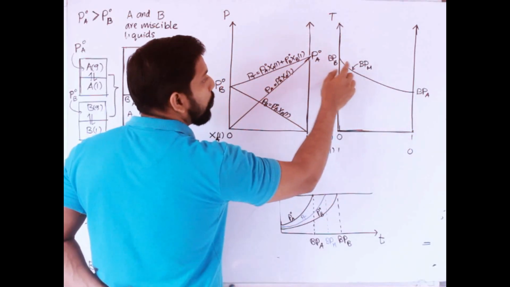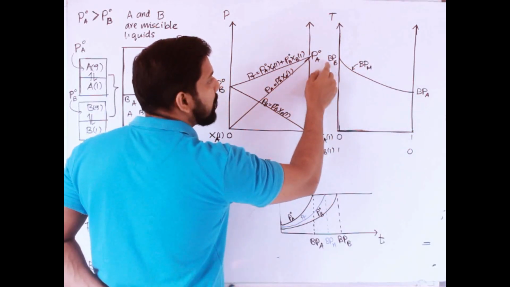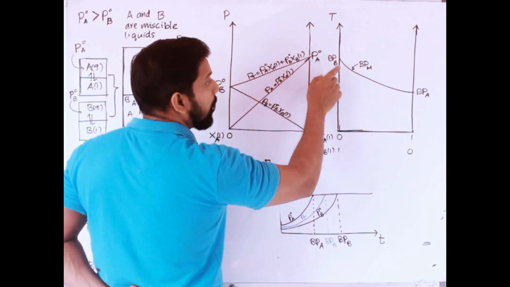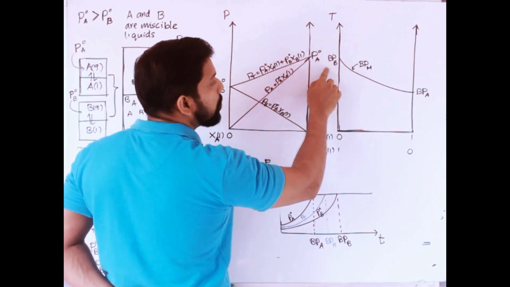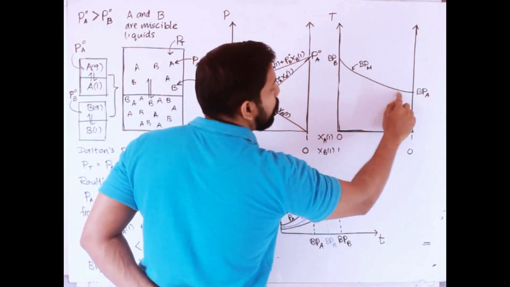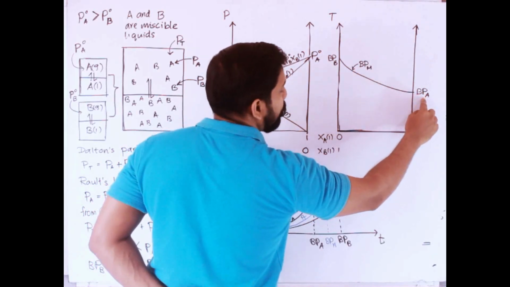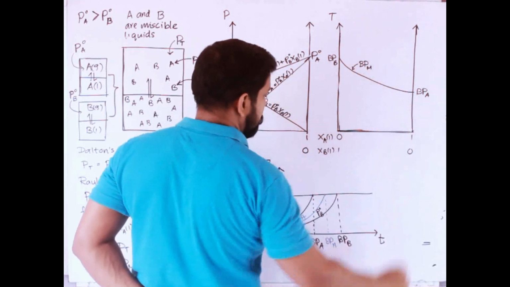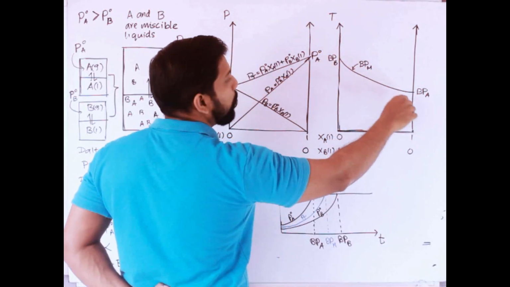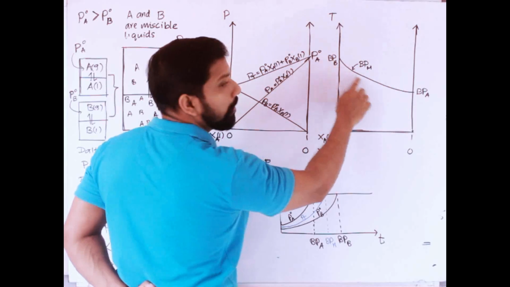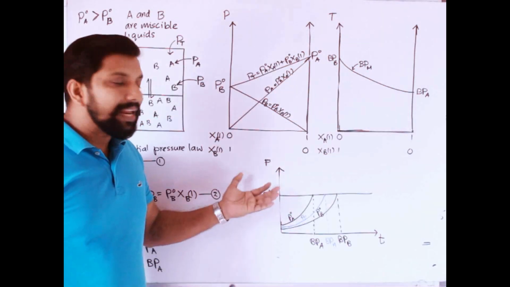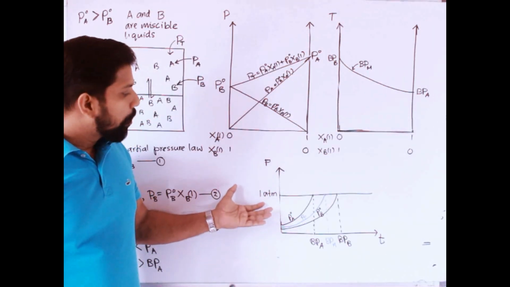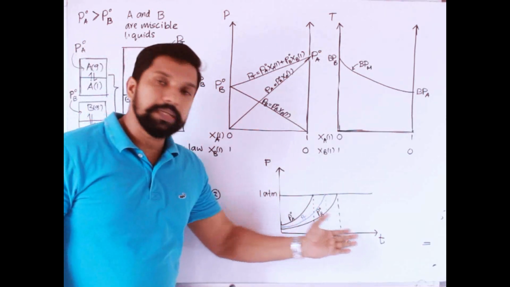The boiling point of the mixture is always less than B, which has the highest boiling point out of these two liquids, and it is always higher than the boiling point of A, which has the lowest boiling point out of these two liquids. So the solution's boiling point varies in between these two values. We can understand this very easily from the pressure versus temperature graph.